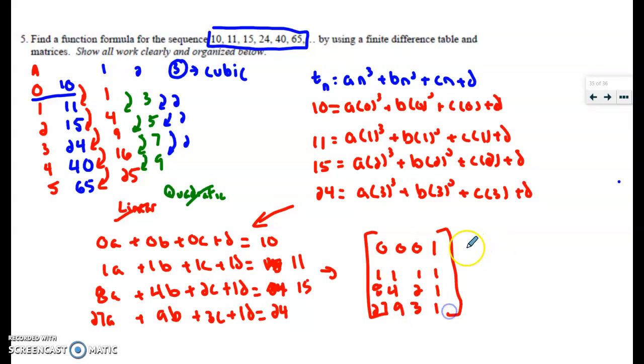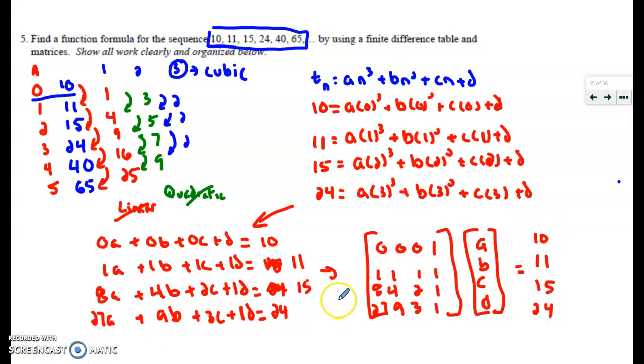And this matrix is going to be multiplied by A, B, C, D. So if I multiply this row by this column, I get this matrix, and it's going to equal what these answers are. So we got 10, we have 11, we have 15, and we have 24.